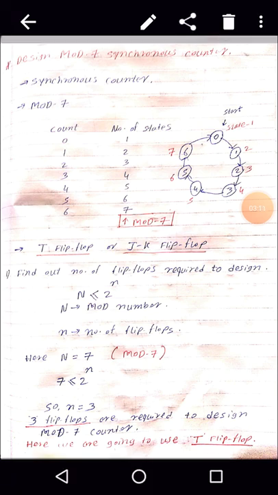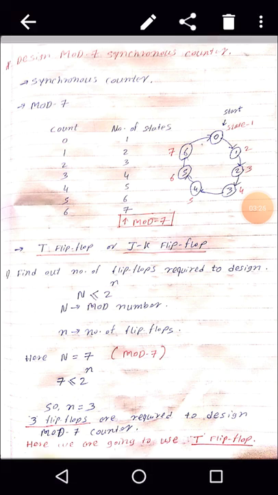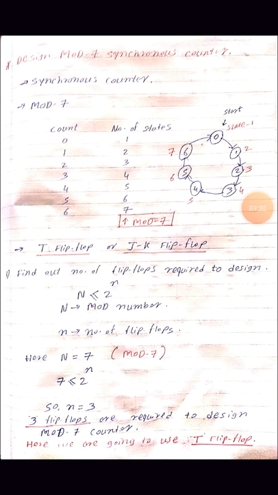here we have to find out the number of flip-flops required to design this particular synchronous counter. We can design a synchronous counter either with the help of T flip-flop or JK flip-flop. First step, find out the number of flip-flops required to design.